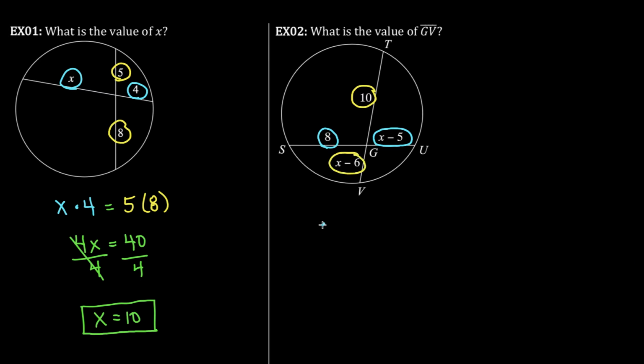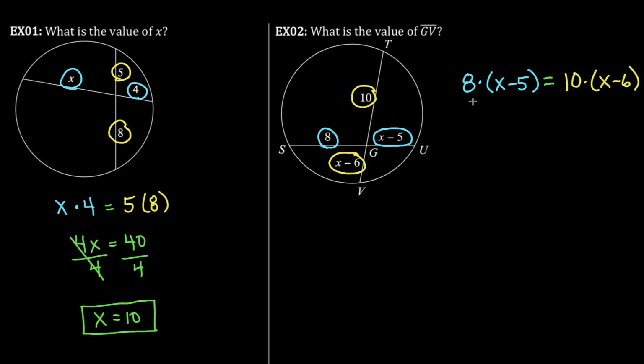So I'm going to do 8 times x minus 5, and that should be equivalent to 10 times x minus 6. You can also put it the other way around, x minus 6 times 10.